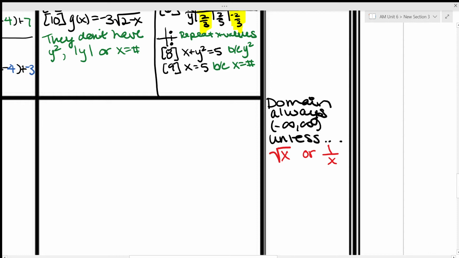And that's because there's certain things that if you square root them, they're not real numbers. And there are certain things that you can divide by that will give you an error or an undefined result.